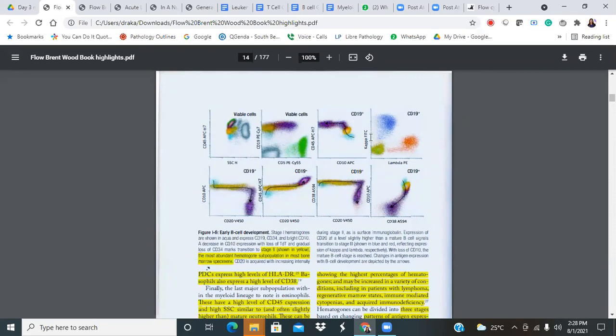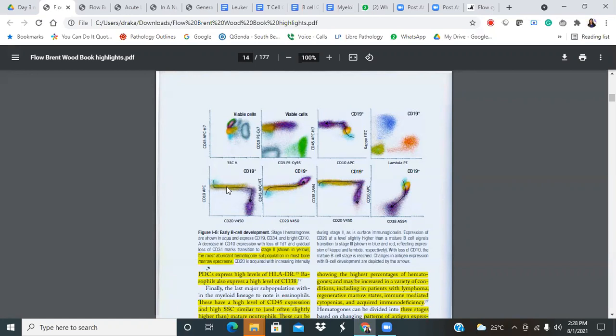These are all CD19 positive cells. Obviously they are the early precursors, so they will have CD34 and a bright CD10.